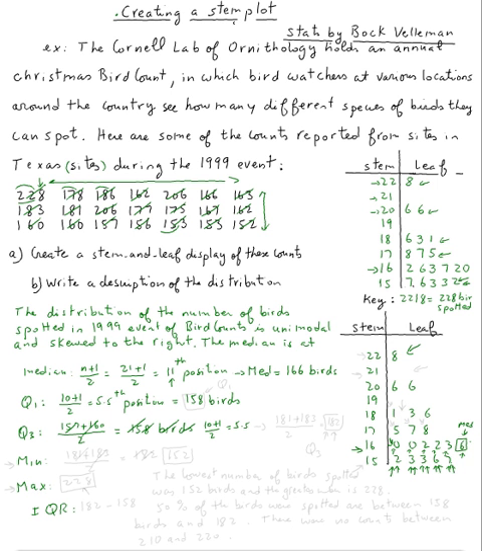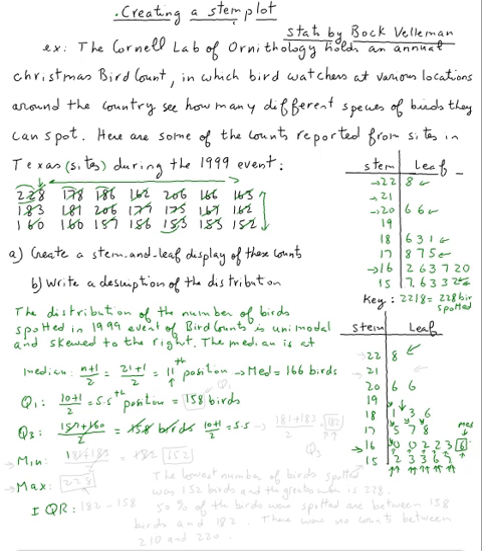It's 5.5. So let's count from where? We can count from the top or just count from right after the median. This is 1, this is 2, this is 3, this is 4, this is 5, and then 5.5 will be right there between 181 and 183.